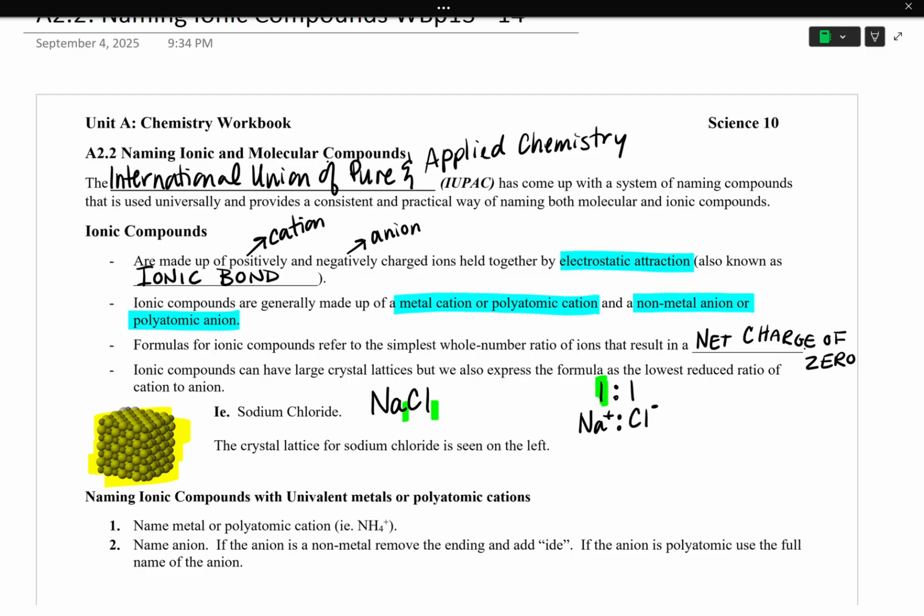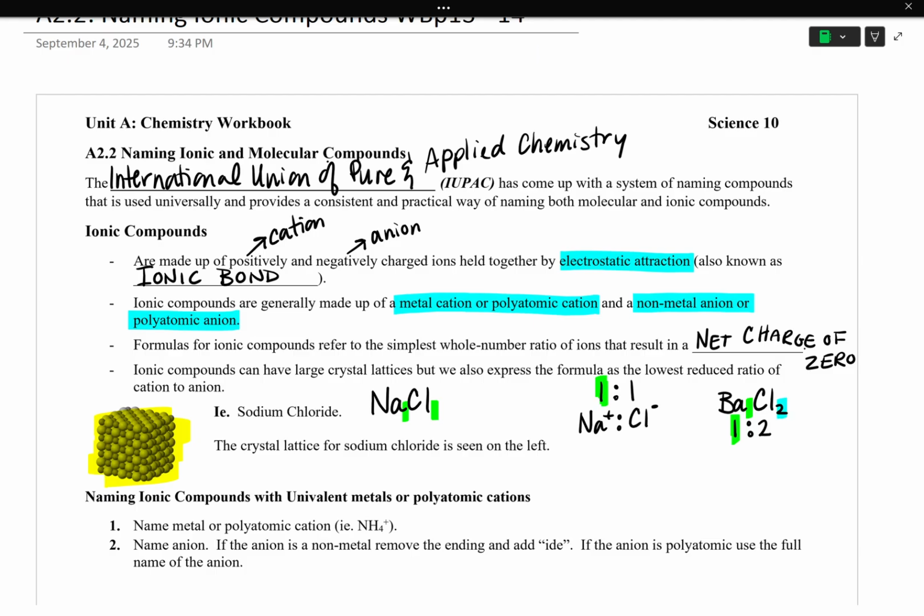Okay, so this is very important that we know how to read a chemical formula. If I was to say barium chloride, so again, you're going to learn this later on, but we just need to read the formula first. BaCl2, you could then tell me the ratio would be 1 barium ion to 2 chloride ions. No number means 1 for barium.